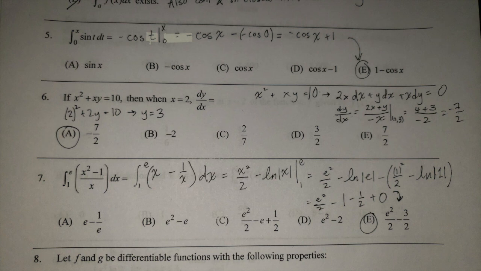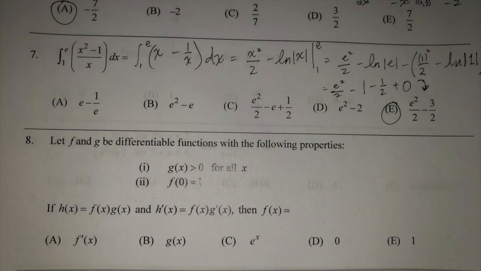Okay. So for 8, we are given some information about a function and then a product of those functions. So what this is really asking us to do is look at the product rule and see what is different in our answer than what is in the product rule.